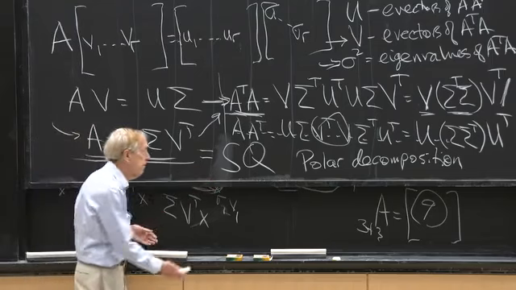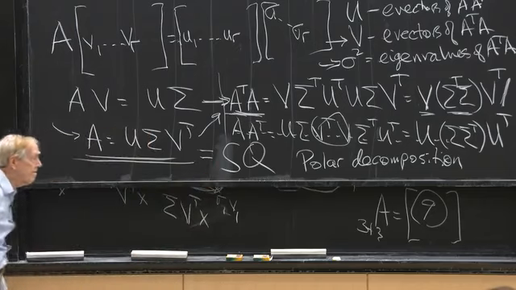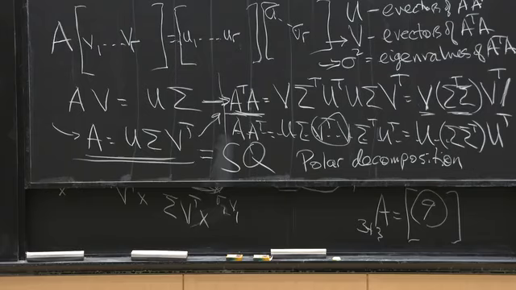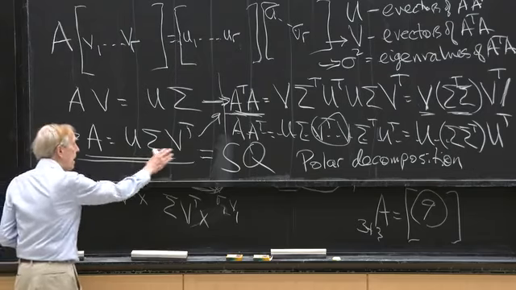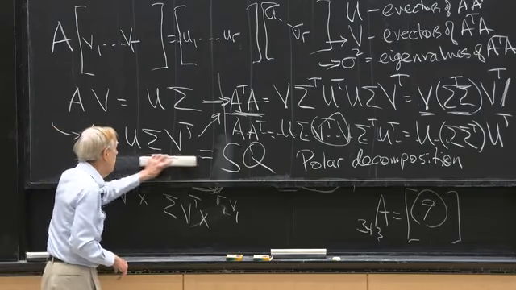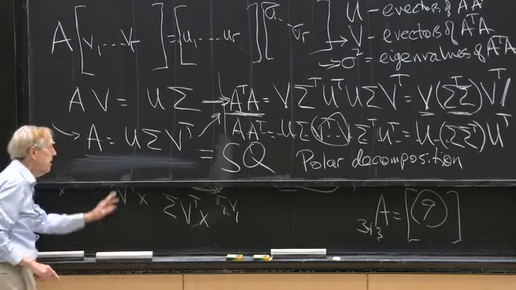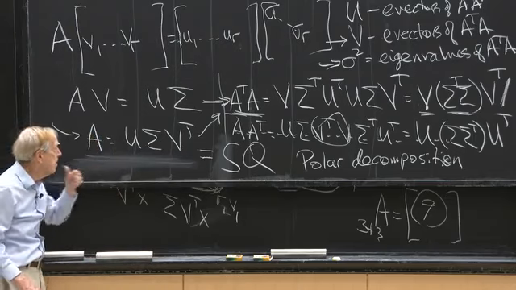And I have, of course, described these as the most important classes of matrices, and here we're saying every matrix is an S times a Q. And I'm also saying that I can get that quickly out of the SVD. So I want to find an S and a Q out of this.